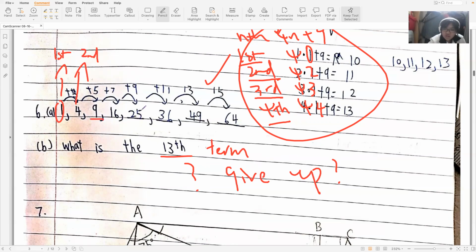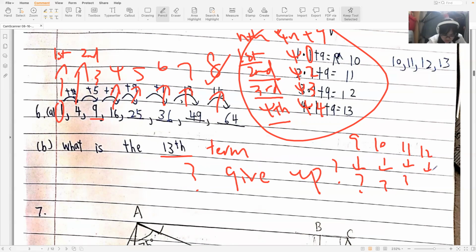So this is 3, this is 4, this is 5, 6, 7, 8. So you just need to have 9, what's that? 10, what's that? 11, what's that? 12, what's that? And then 13, what's that? That's all. You just need to write down 5 more. Then you get the 13th term.